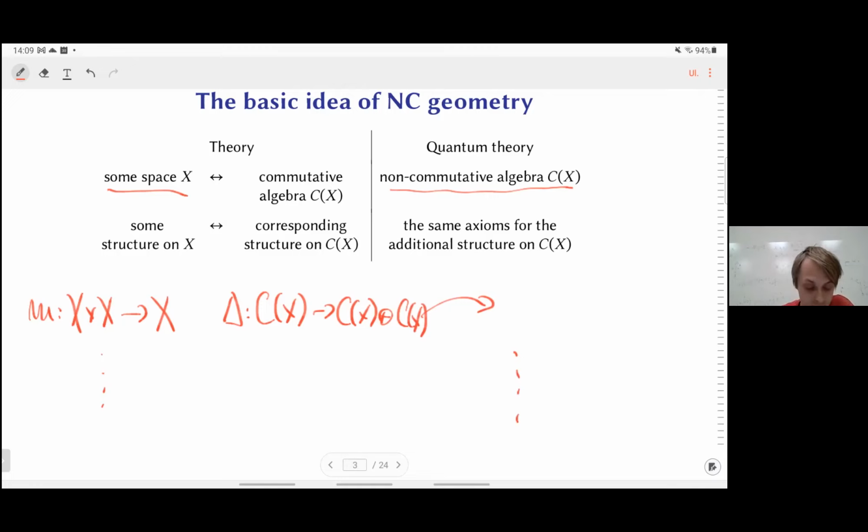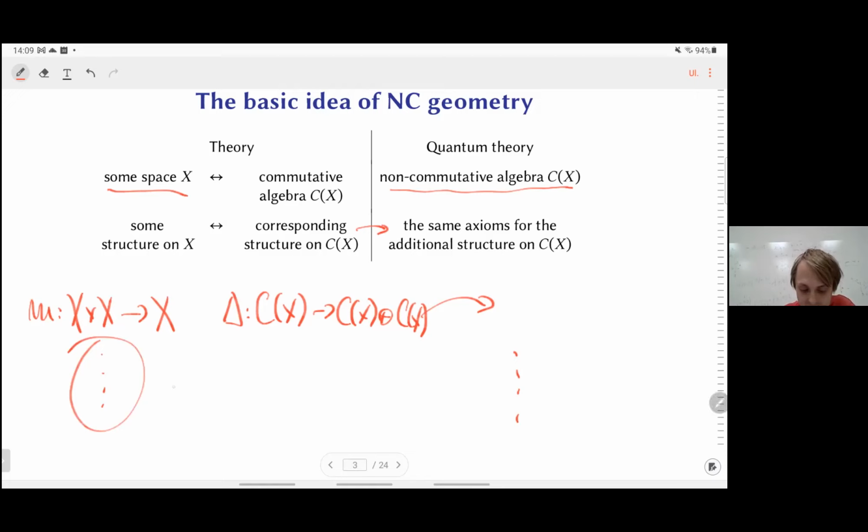But instead of groups and quantum groups, I will speak today about graphs and quantum graphs. One feature I wanted to mention here is that often when going from here to here, we have some sort of ambiguity. Those axioms can be formulated in several different equivalent ways.